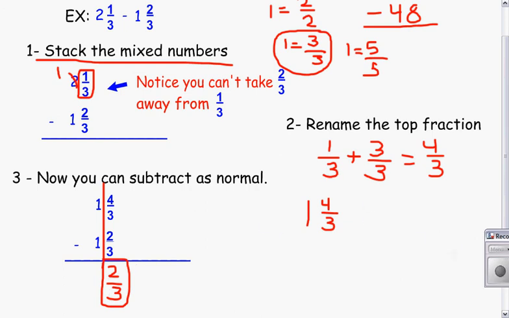Now, there's one more thing I want to show you as far as renaming. Let's say we have the whole number 7, and we're subtracting a mixed number from that. Let's say 2 and 2/3. Now, if I was to stack these as I should, I have 7 minus 2 and 2/3.